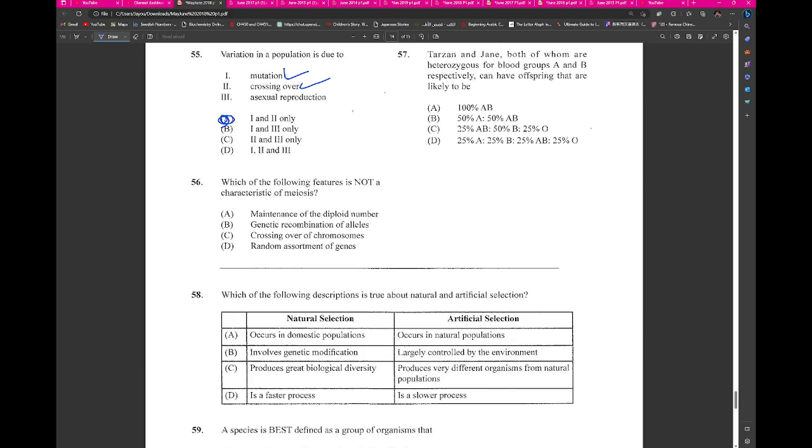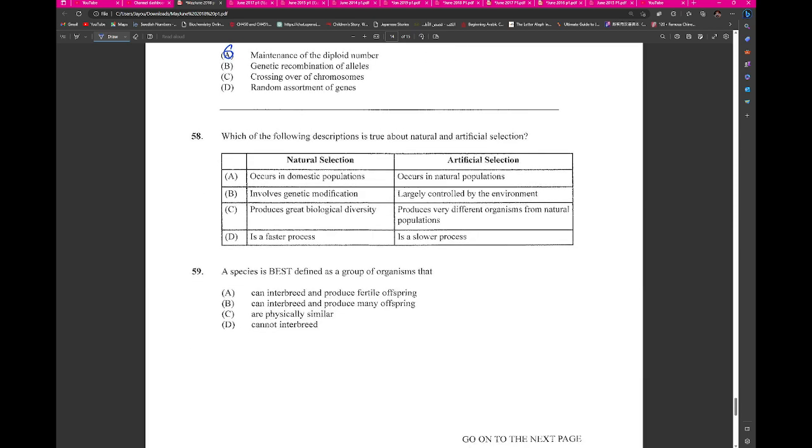56, which of the following is not a characteristic of meiosis? Which of the following descriptions is true about natural and artificial selection? Natural selection. Alright, so let's see what would be the best answer.